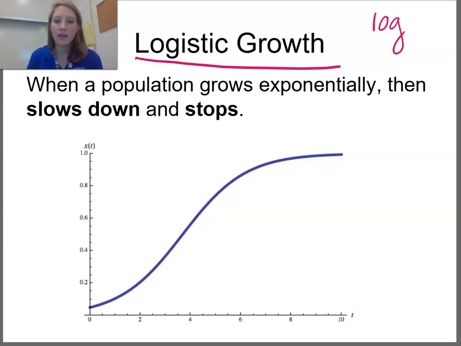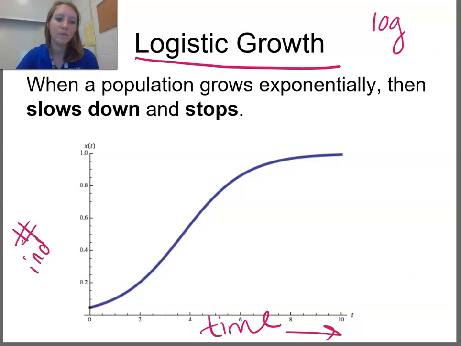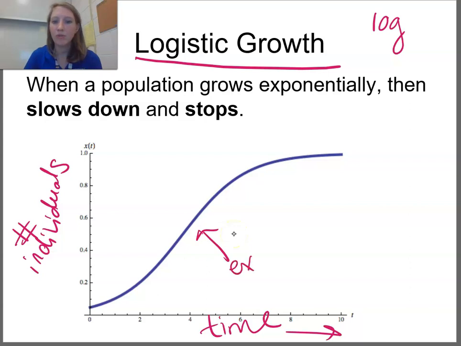Imagine that all of our graphs are over time, and time is on the x-axis, and the number of individuals is on the y. So over time we have this period of exponential growth.